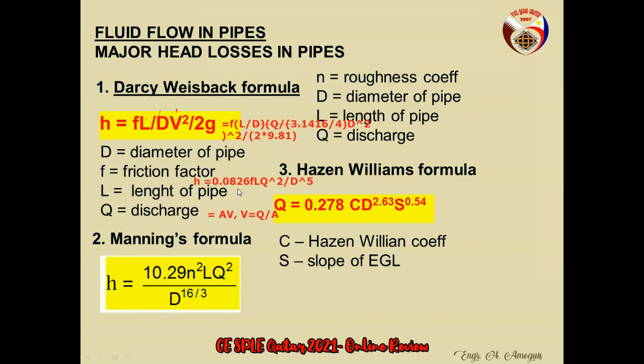Then for Darcy, the H is 0.08628826 FLQ squared over D raised to 5.